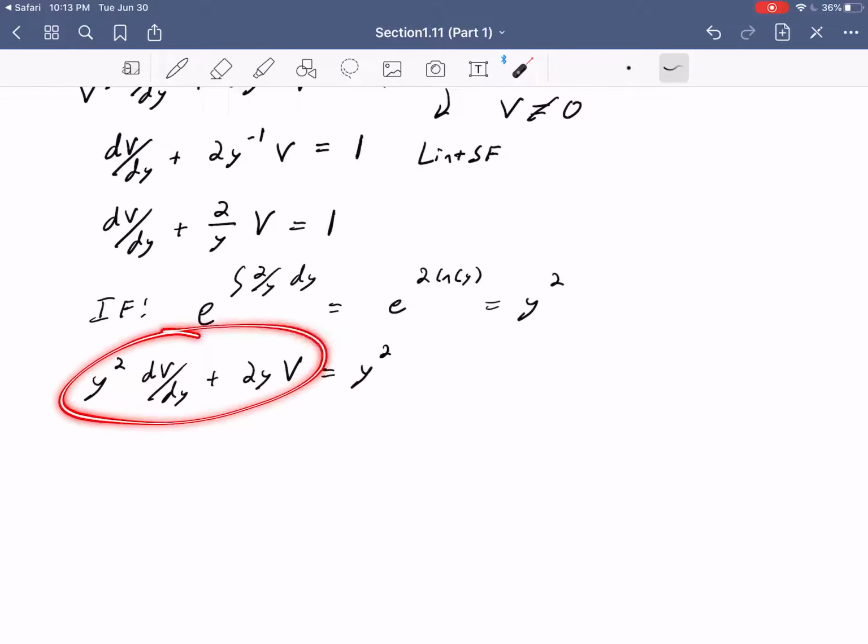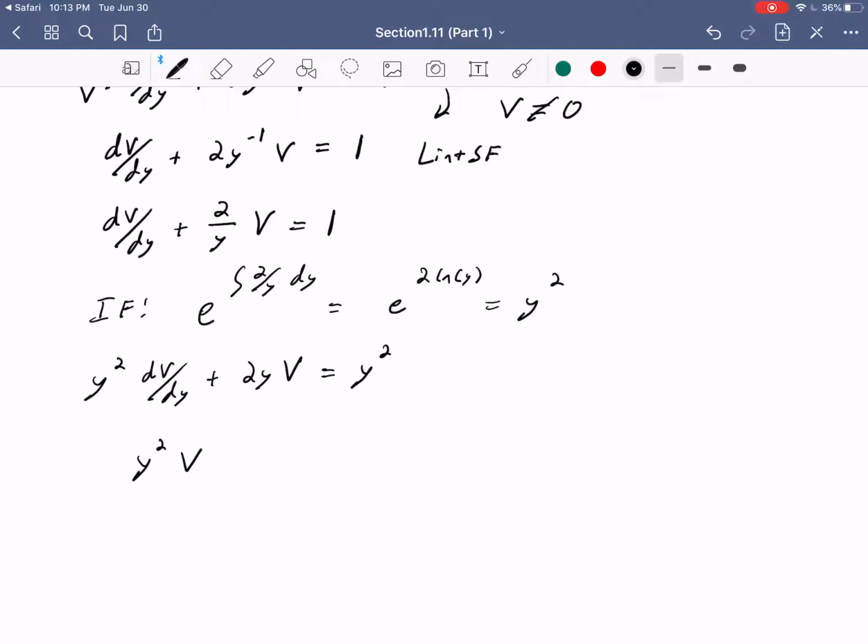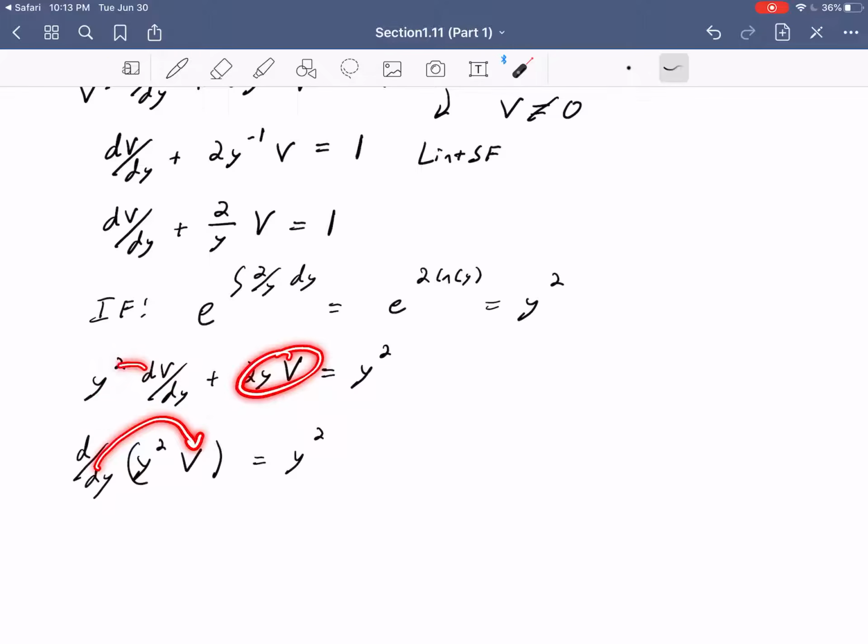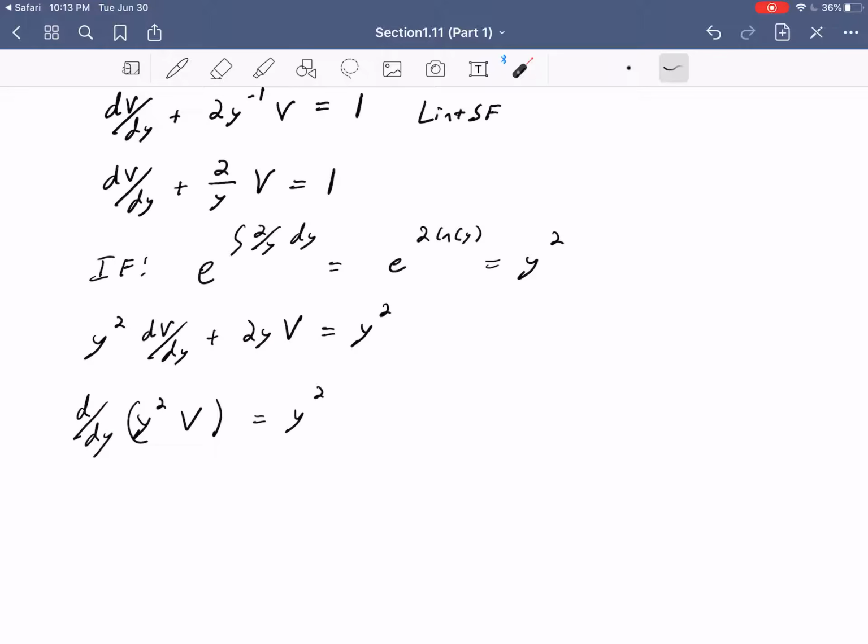Now this left-hand side should be a product rule. So d/dy of y squared v equals y squared. You can check that, differentiate the y squared, that's going to give you the 2yv, differentiate the v, going to give you that y squared dv/dy, so it really does work.